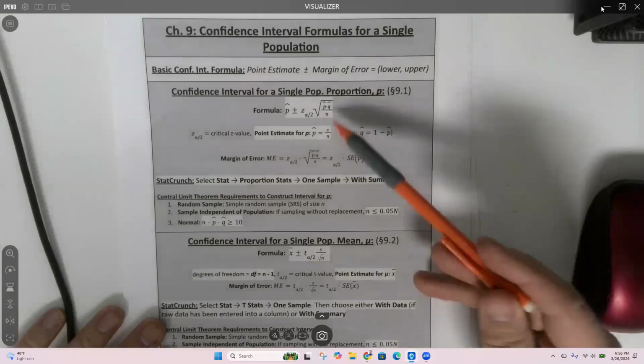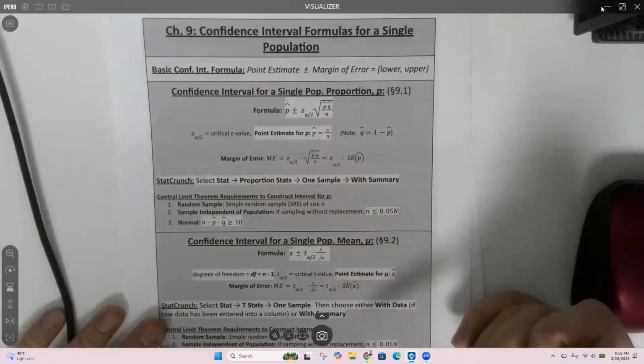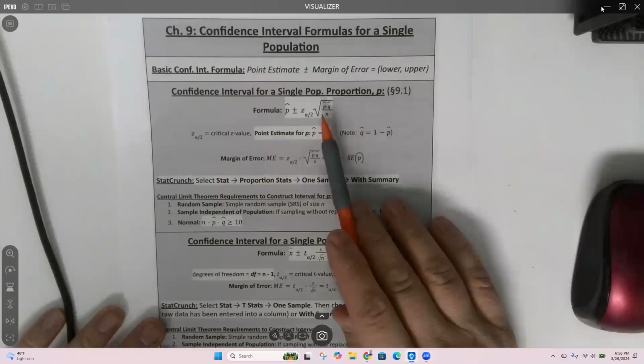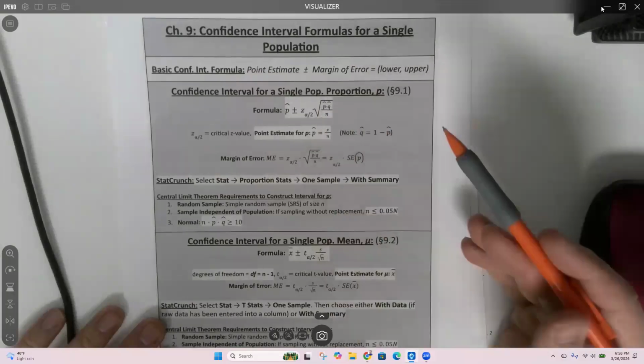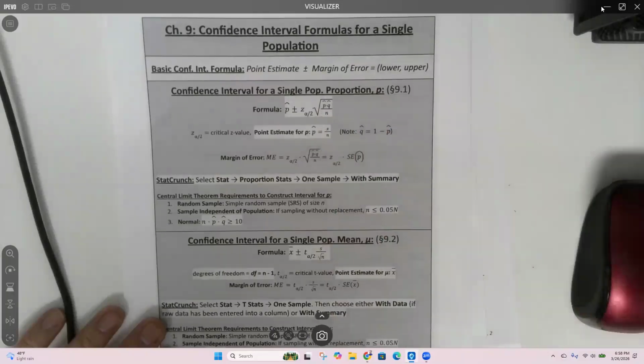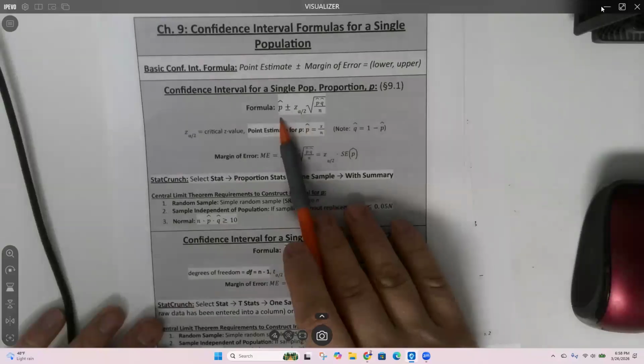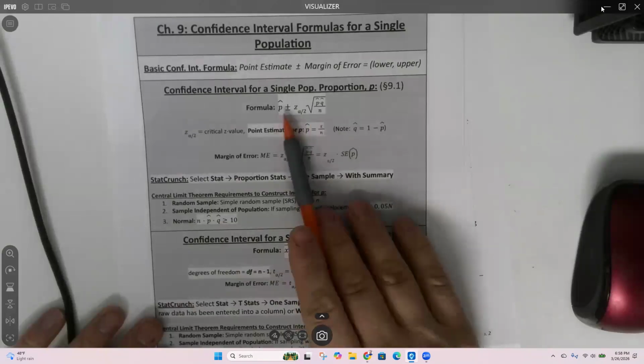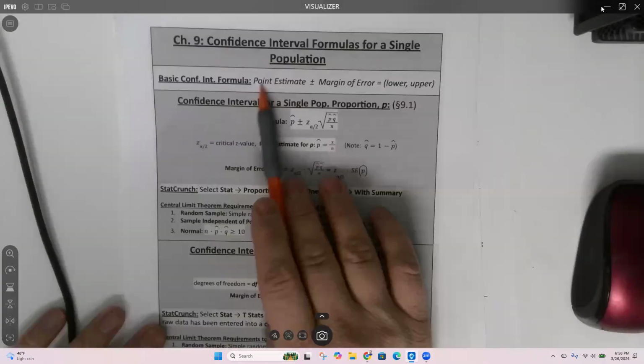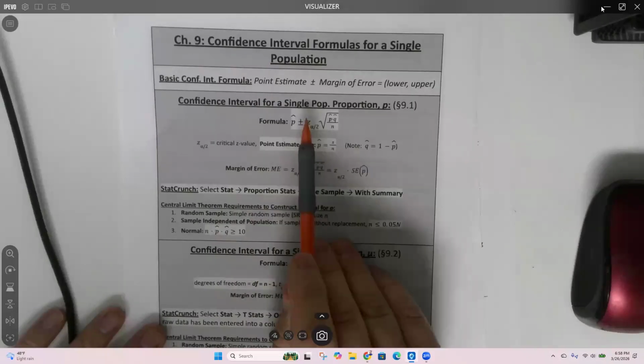They are similar, okay, but they're not exactly the same. For today, since we're looking at proportions, we're going to be using this formula. Now this is the formula I'm going to write down, and it looks crazy complicated. Okay, but it's not.